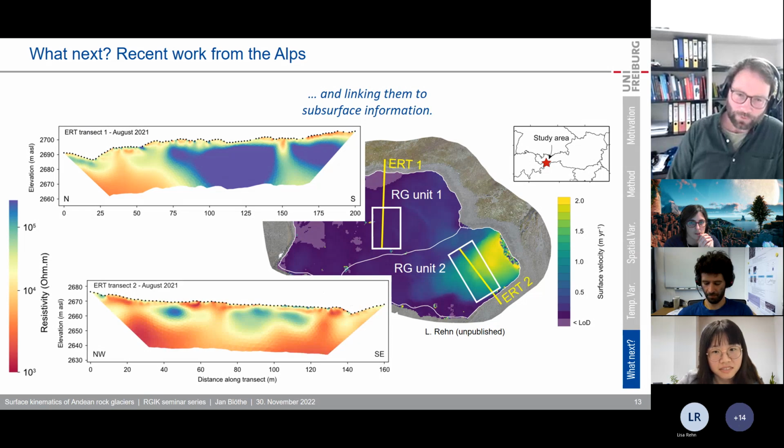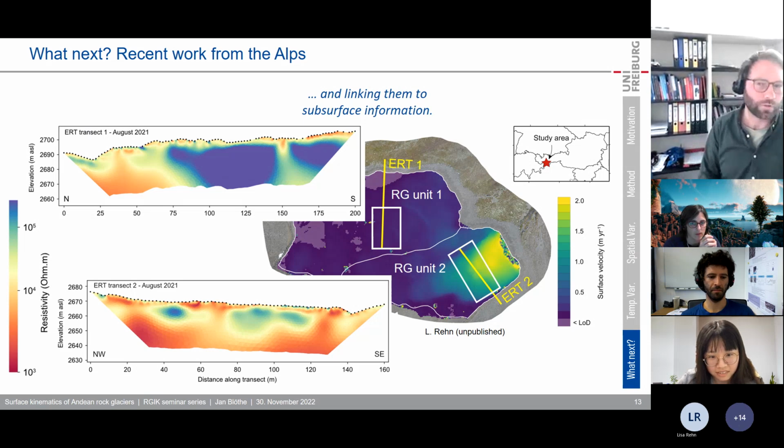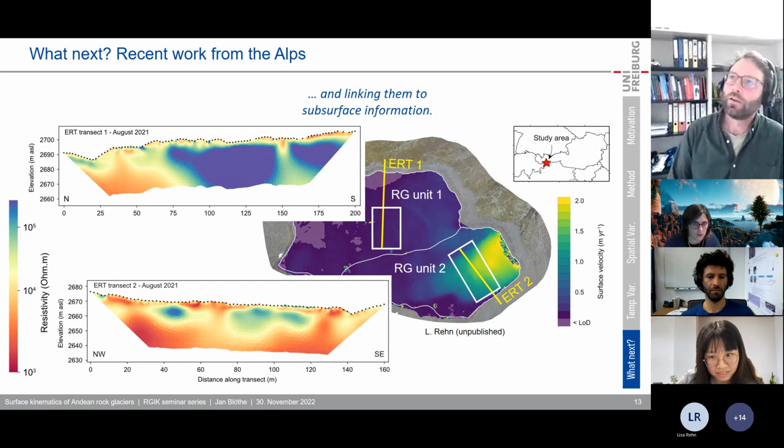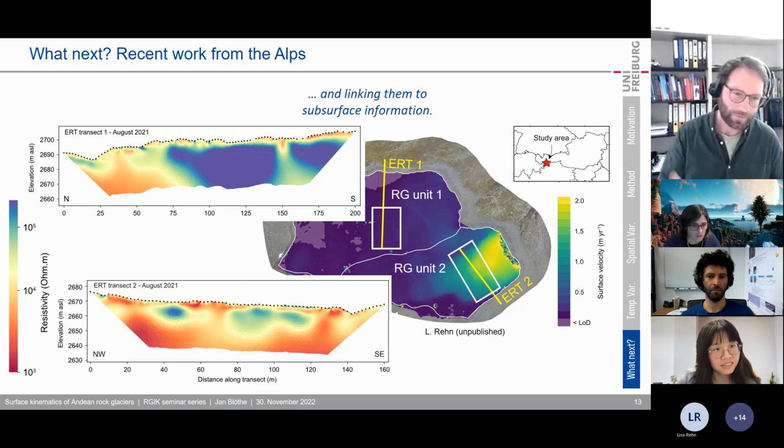And this part where we don't see the seasonality, we have at least, say, a different subsurface composition. I'd be a bit cautious as to really say, okay, this information now means massive ice and this means just very little ice or something like that.